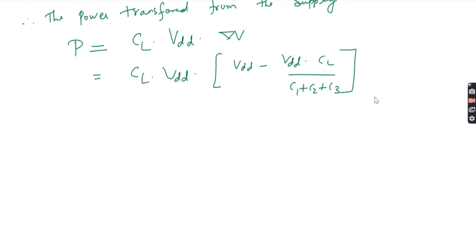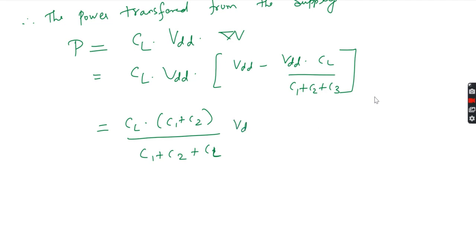Now do the simplification of this. After simplification, we'll get CL into C1 plus C2 divided by C1 plus C2 plus CL into VDD square.